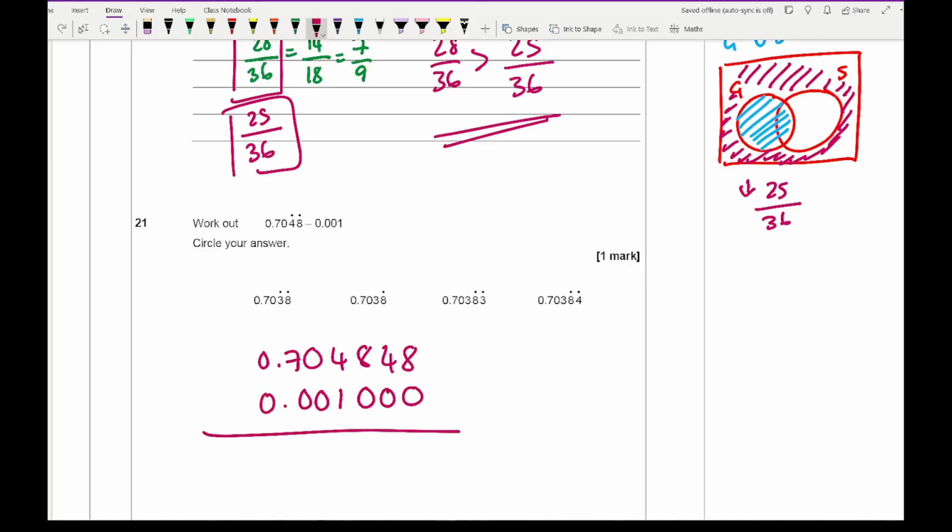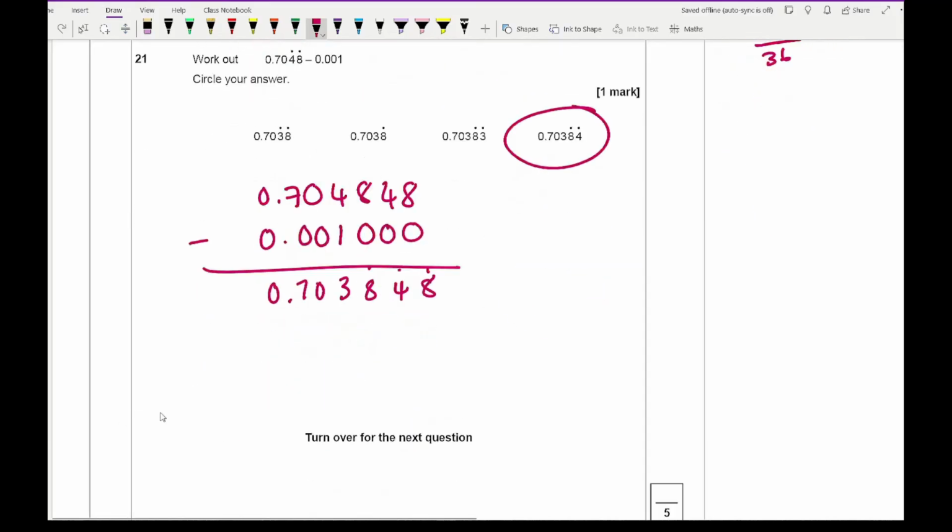So taking away these two, what do we get? We get 8, 4, 8, and that's just going to continue. And then we've got 3, and then 0, 0, 0, it's actually a 7, and 7, 0 there. And so from this, the 8, 4 is just going to be recurring, so it's our last option there.